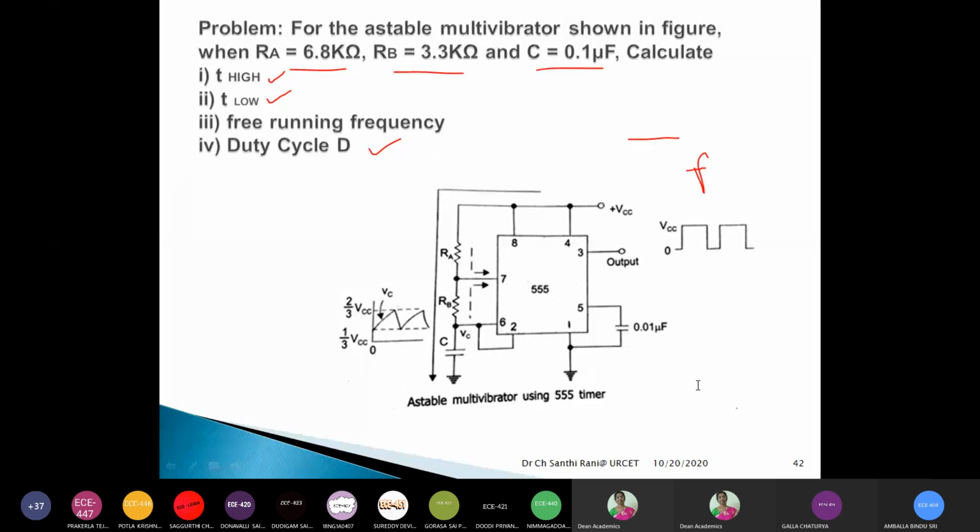F is equal to 1 by T, 1 by the total time period T. F is equal to 1.45 divided by RA plus 2RB into C. So you just substitute all these values and calculate what is F. For these values, what is the value of F you get?